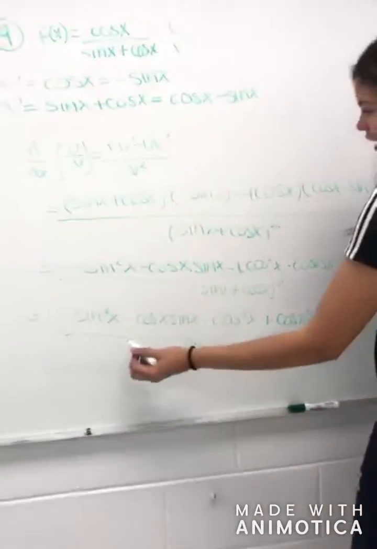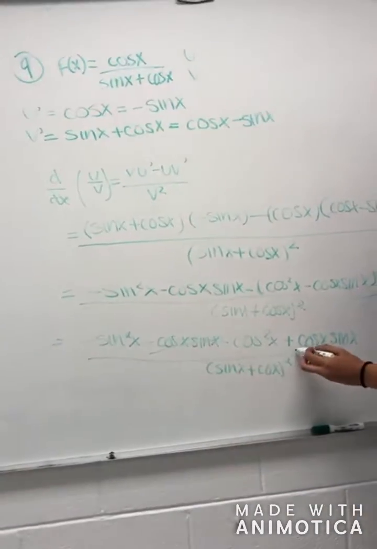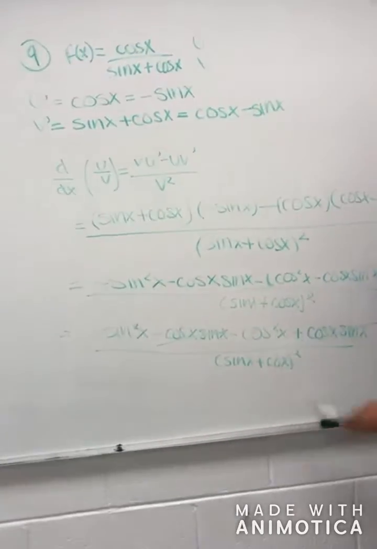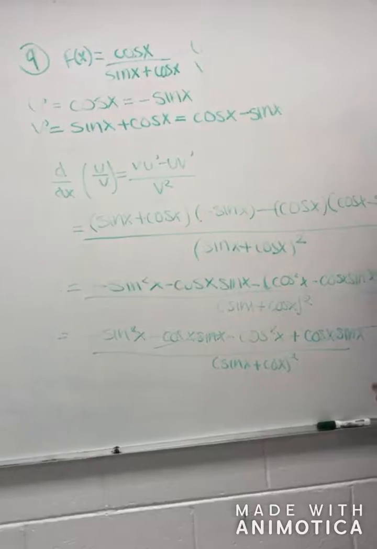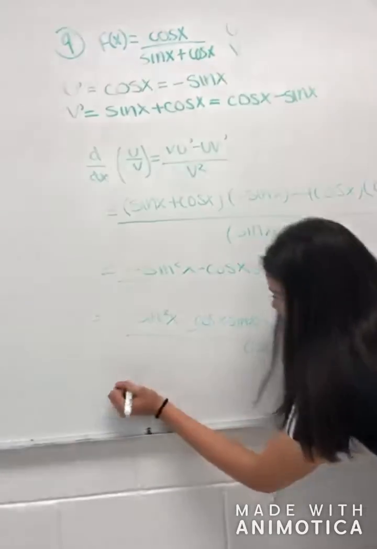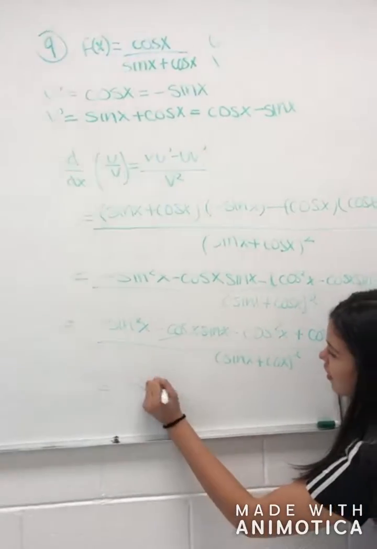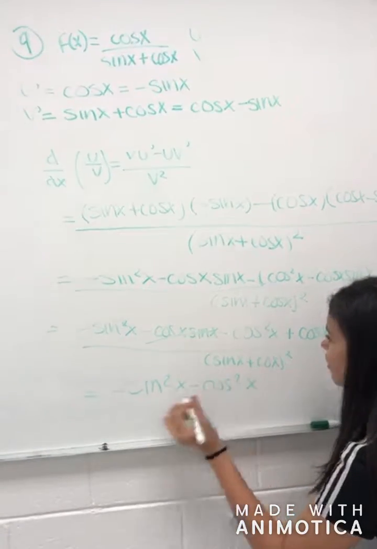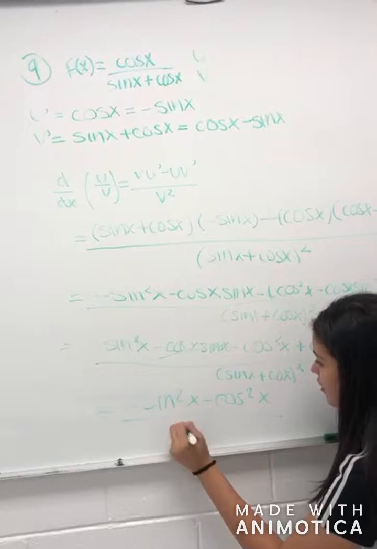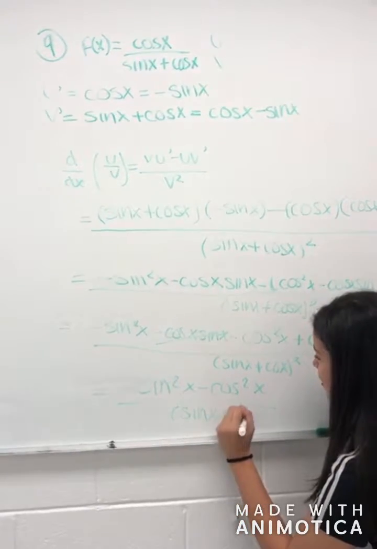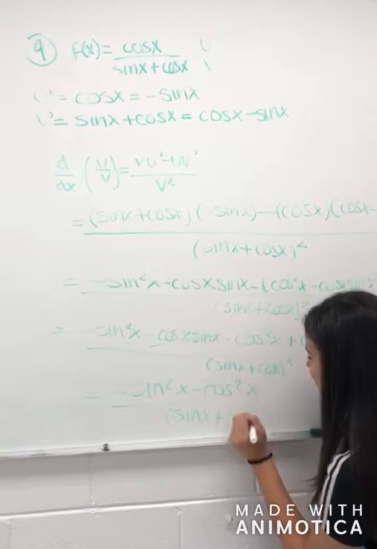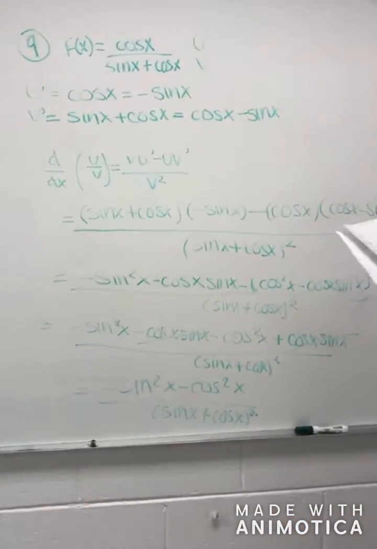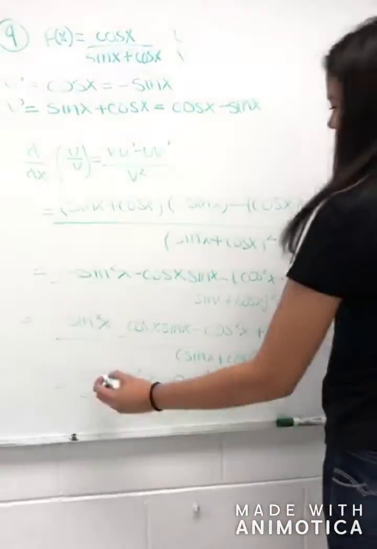Then we can eliminate this because we have a minus and then a plus, and the result is minus sine 2x minus cos 2x divided by sine x plus cos x squared. And this is the result.